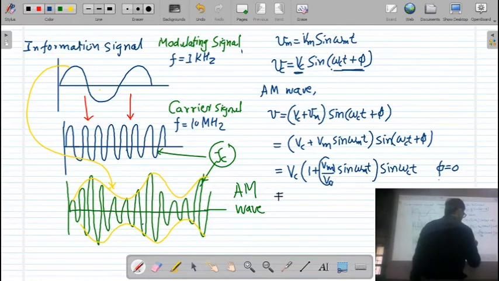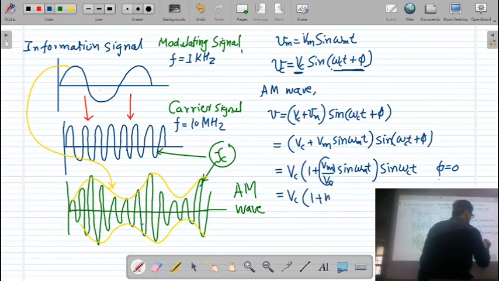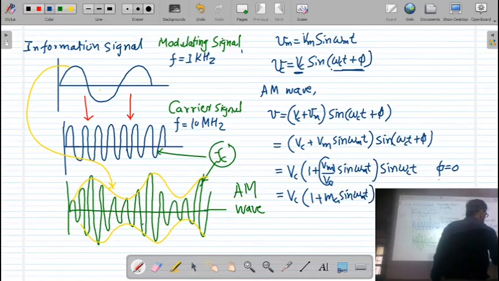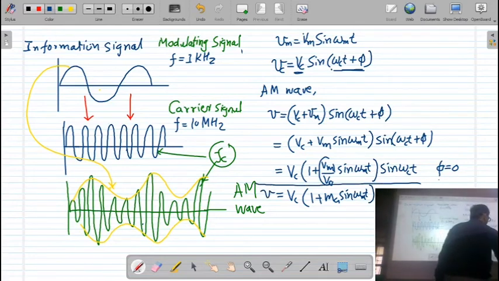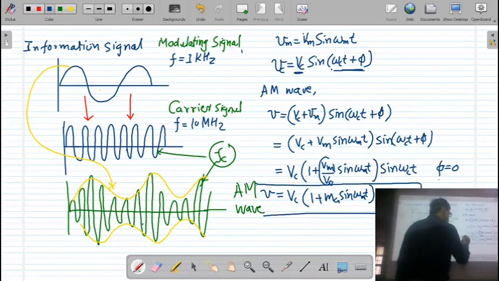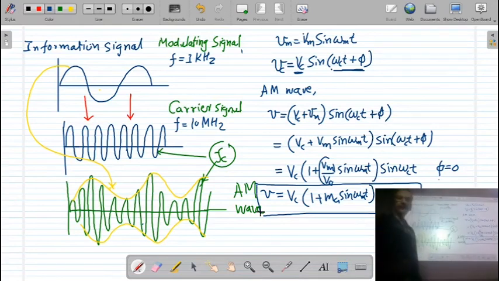So we can write Vc into 1 plus Ma sine omega mt into sine omega ct. This is the mathematical expression of an amplitude modulated wave.